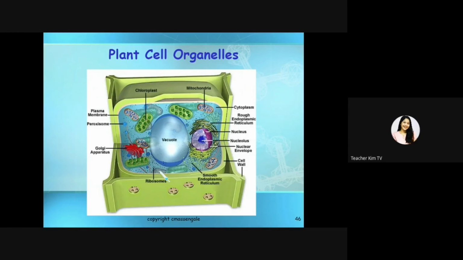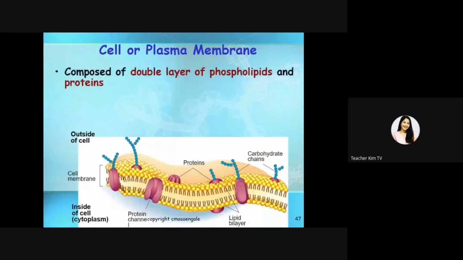Ribosome, smooth and rough ER, the nucleus, nucleolus, nuclear envelope, and yung nandito na wala doon kanina, we have the chloroplast and the vacuole. We usually call this as the central vacuole. Ano? Now, let's proceed. Let's start with the cell or plasma membrane.